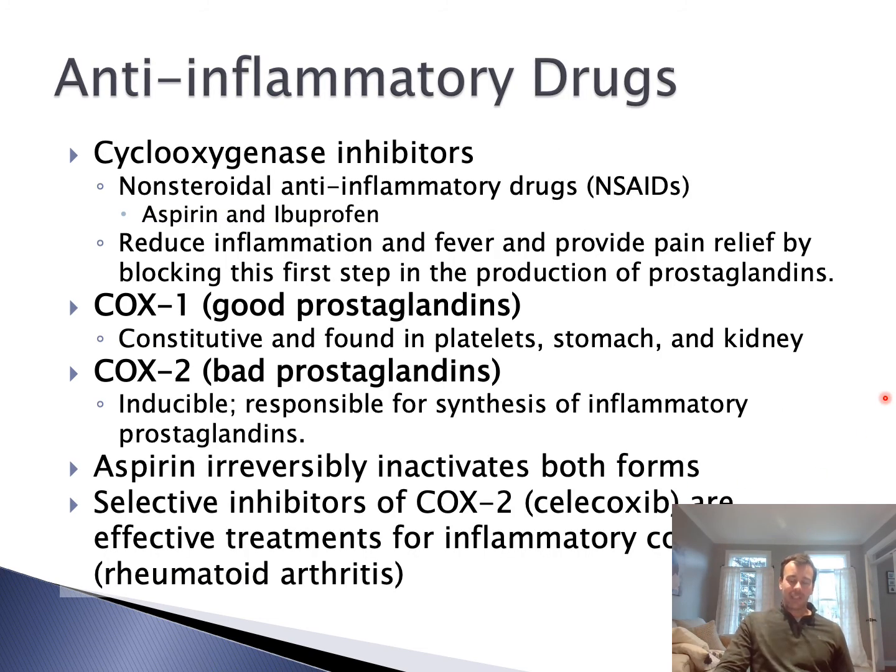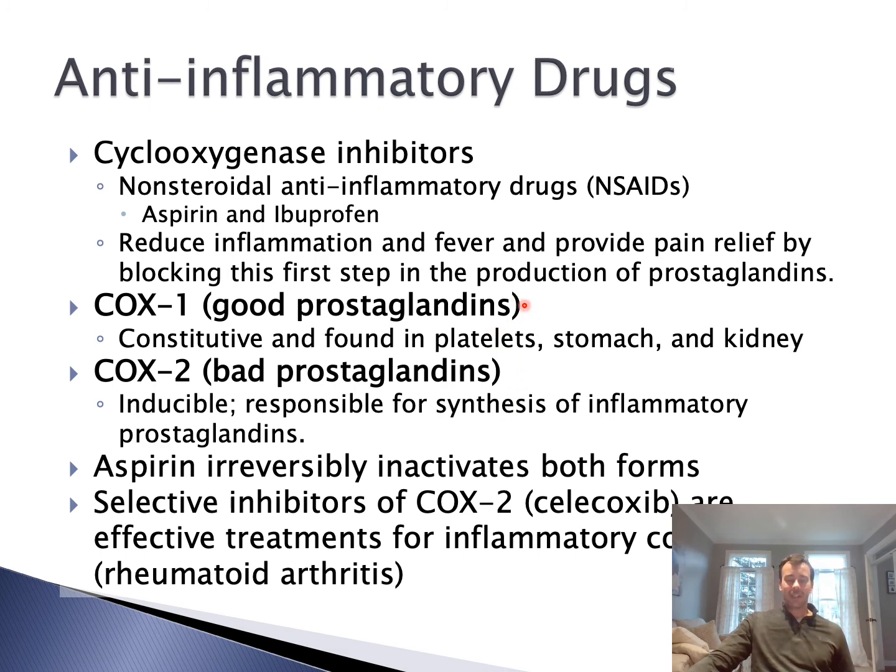The pain medication that we can buy over the counter is relevant here. They're these non-steroidal anti-inflammatory drugs such as ibuprofen and aspirin. They're actually cyclooxygenase inhibitors. So they reduce inflammation and fever and provide pain relief by blocking this first step in the production of prostaglandins. Again, COX-1 is constitutively expressed. These are found in platelets, stomach, and kidneys, whereas COX-2 is more inducible.